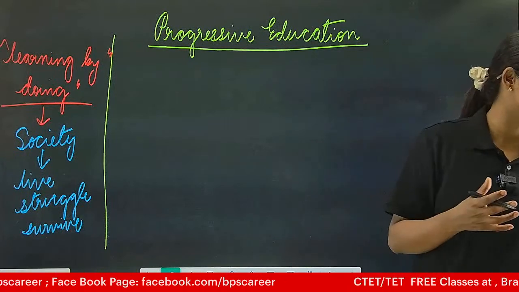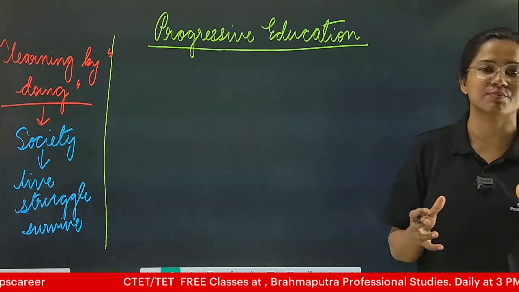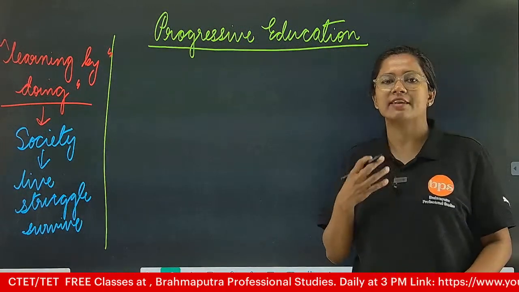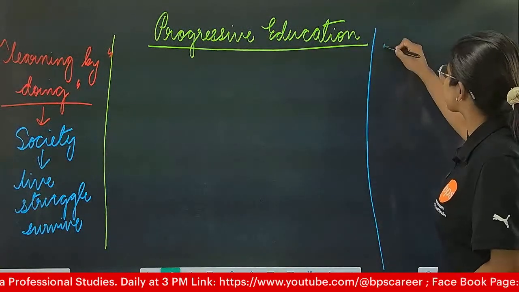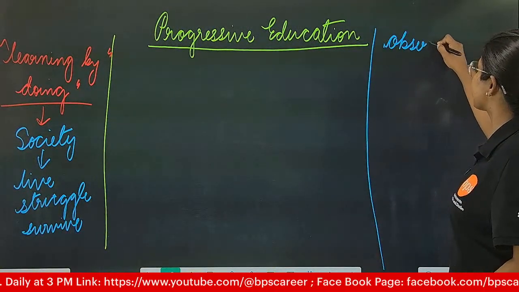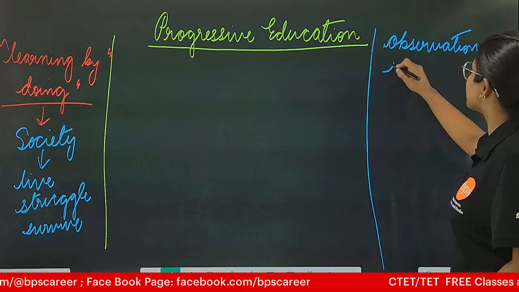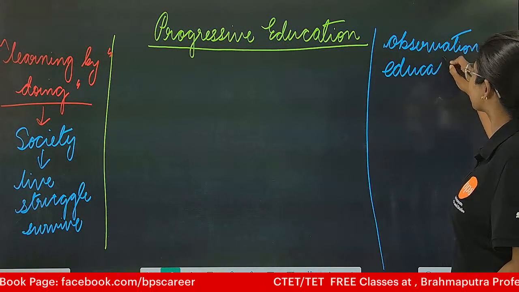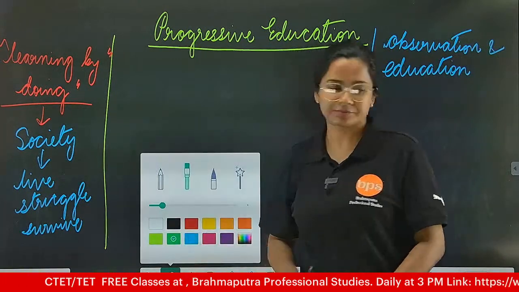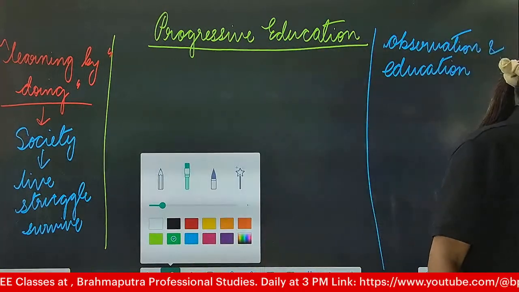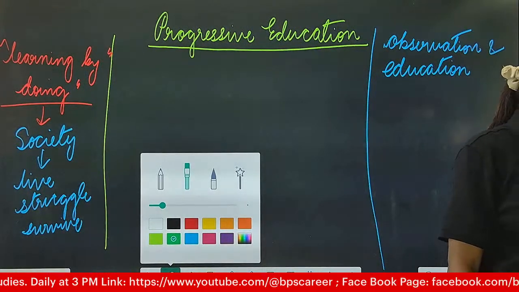So people like John Locke, he has said that the truth of knowledge is nothing else but observation and our experience. So when we are going to add all this observation and education, then we have the concepts of Rousseau, and he said that it is the teacher's duty to ordinate the student.